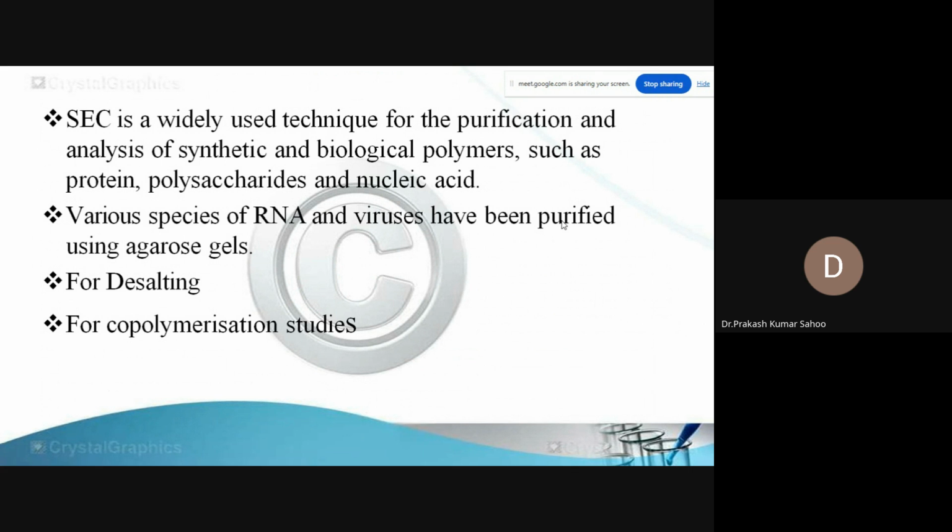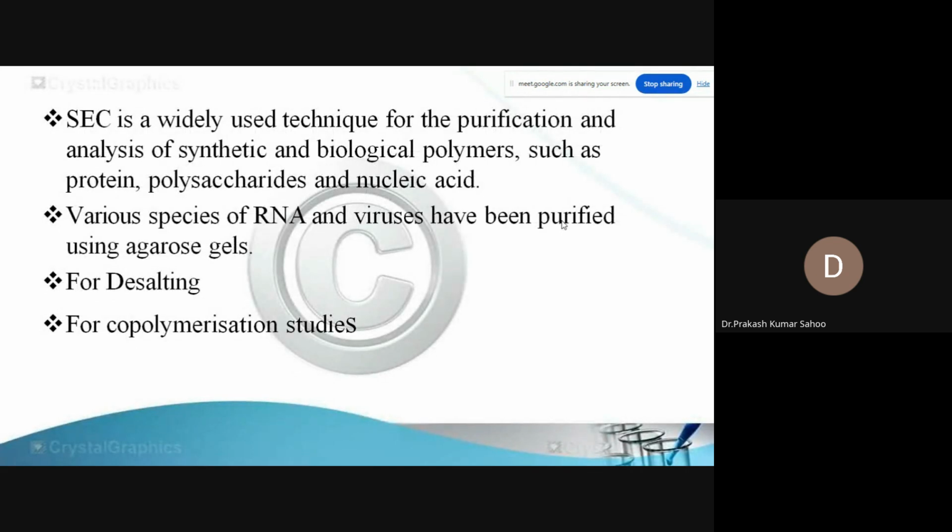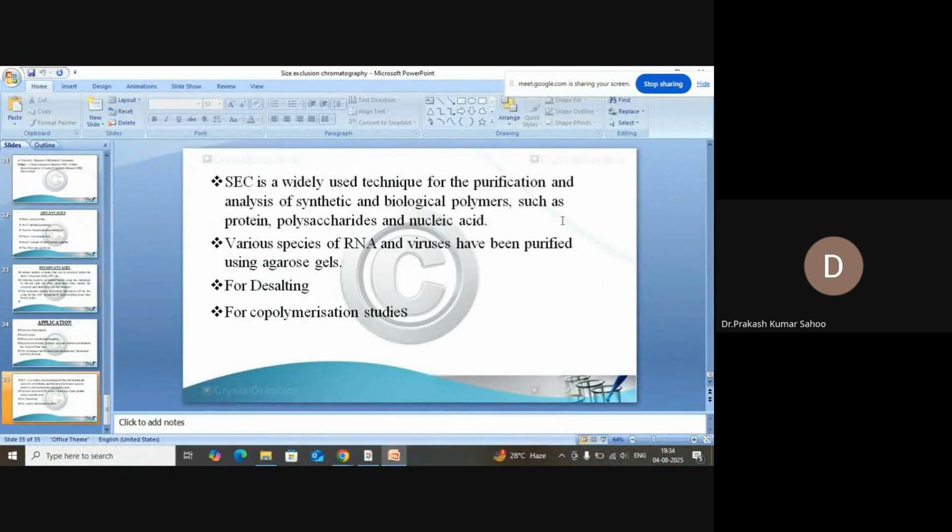Various species of ribonucleic acid and viruses have been purified using agarose gel. It is also used for desalting and for co-polymerization studies. So this is all about size exclusion chromatography.